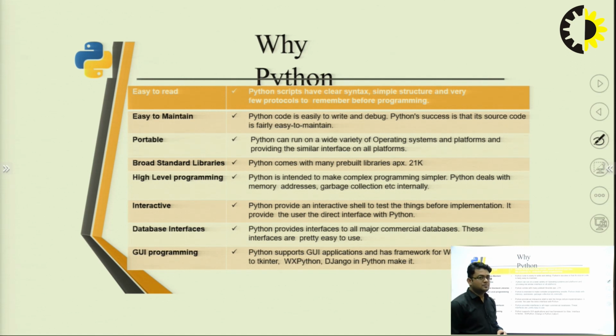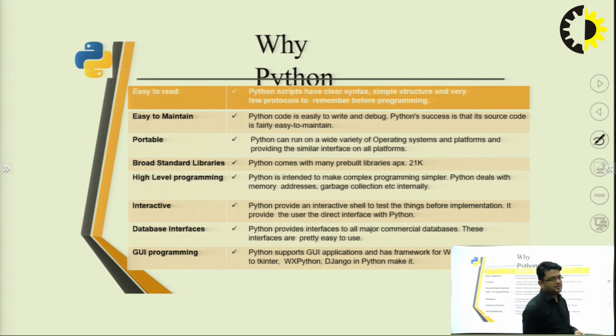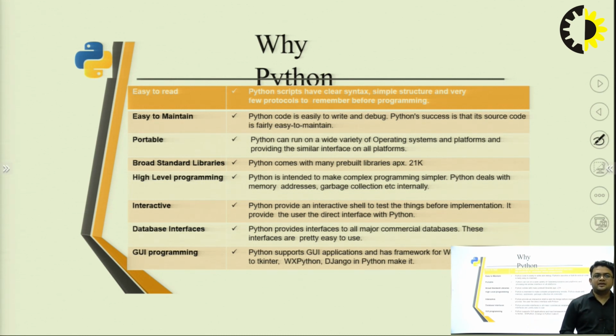Portable, as discussed: Python can run on a wide variety of operating systems and platforms and provides a similar interface on all of them. Python comes with many pre-built libraries and APIs. That is why we say broad standard libraries, which make programming very easy and provide many high level functionalities in a Python program.